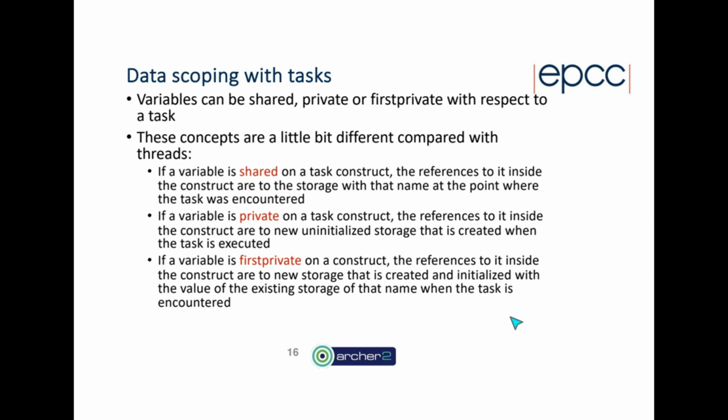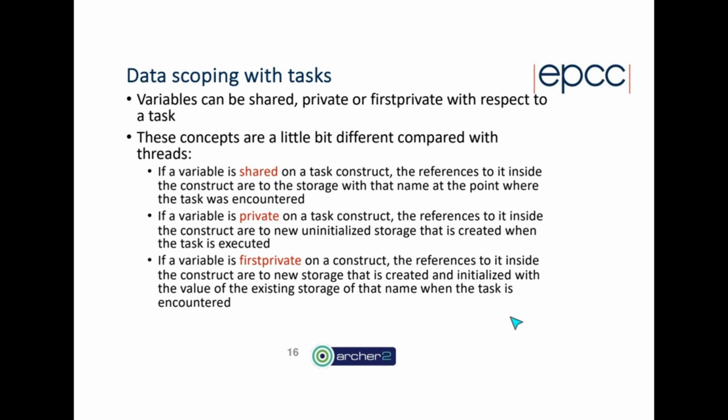The slight complexity here is that existing storage could be private to the thread. It's perfectly possible to have a variable that's private to the thread that's generating tasks, but is shared between all the tasks that thread generates. So this is the added bit of complexity that we need to get our heads around with data scoping.